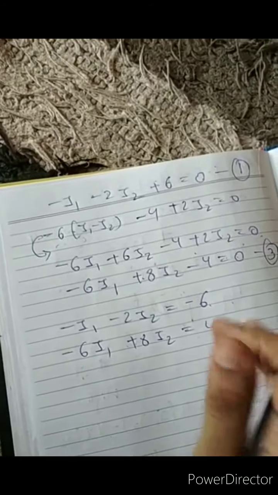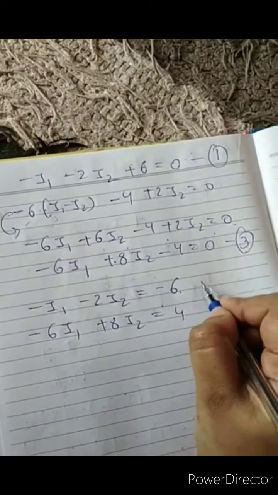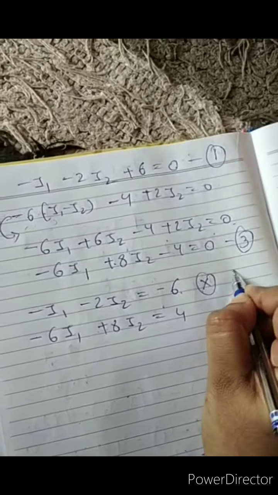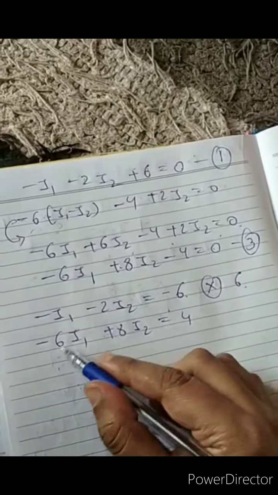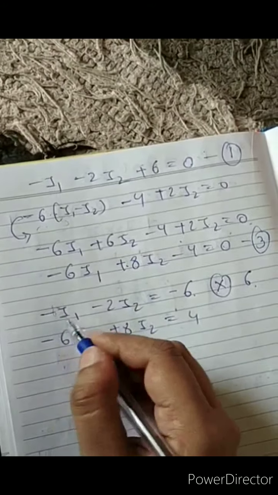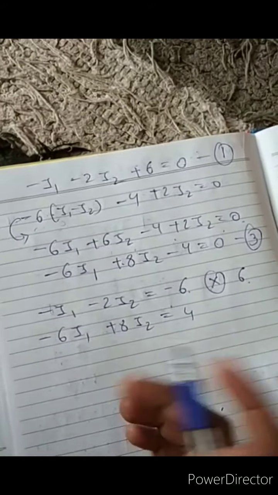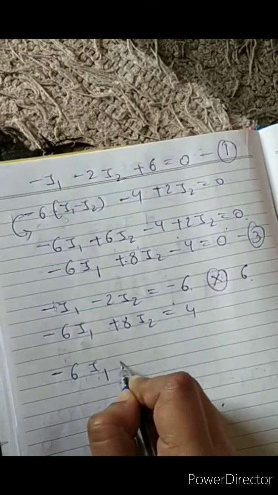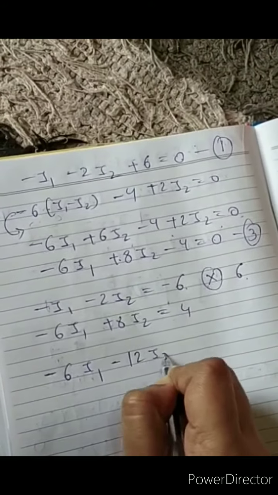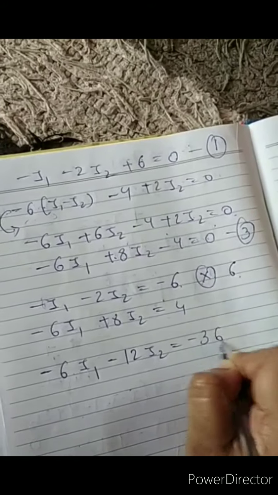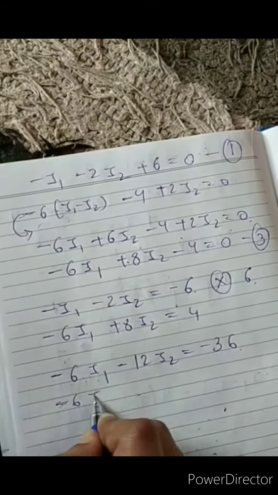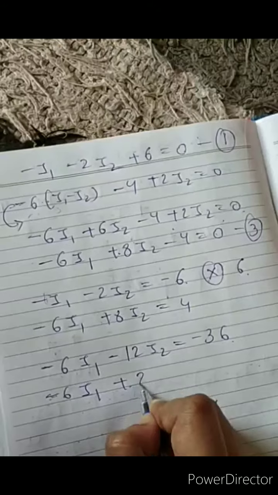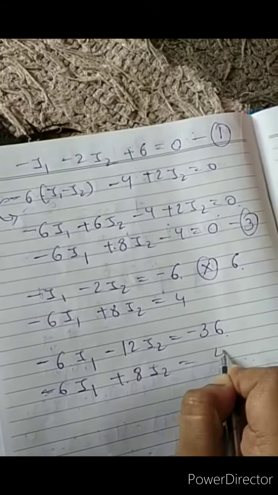Okay, now it's easy. Just multiply this equation by 6, and this is a constant one, so you don't have to multiply the second equation by 1. Okay, so let me multiply equation 1 by 6: minus 6I1 minus 12I2 is equal to minus 36. Okay, minus of 6I1 plus of 8I2 is equal to 4.